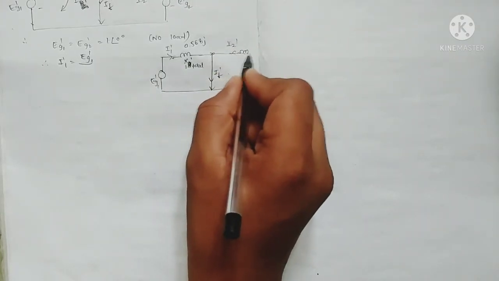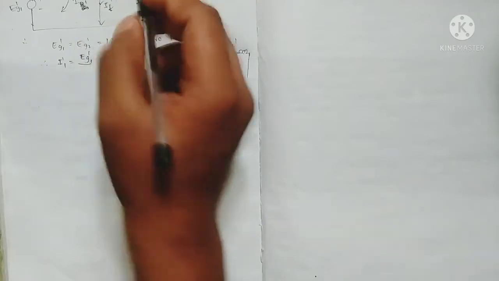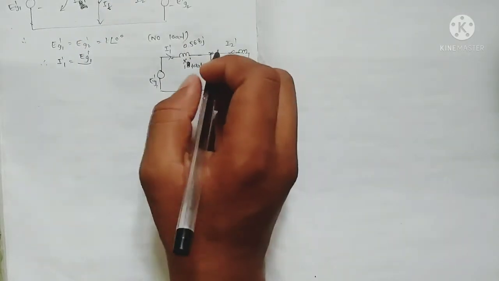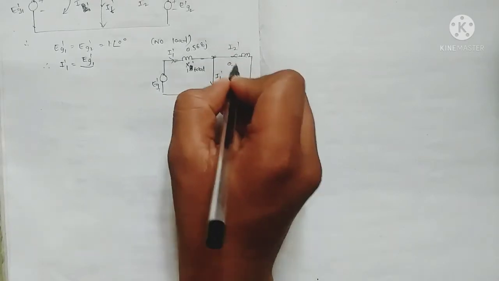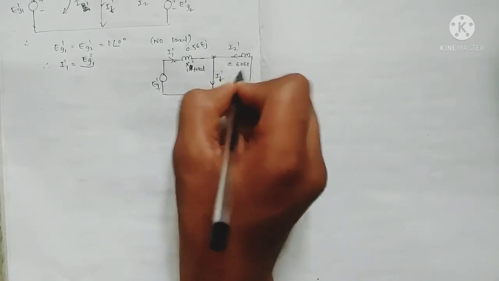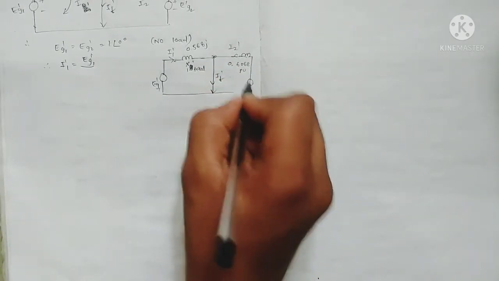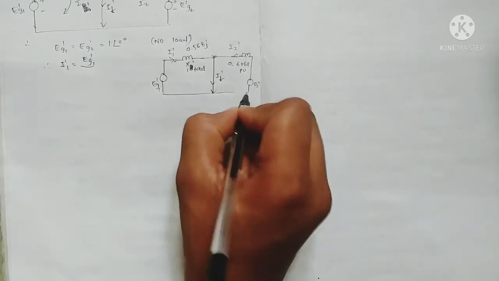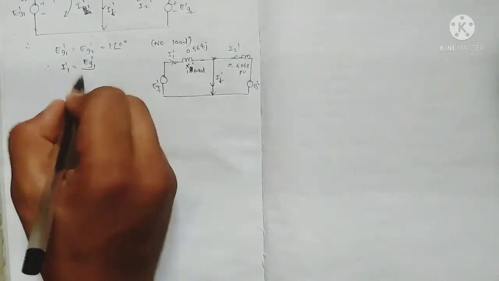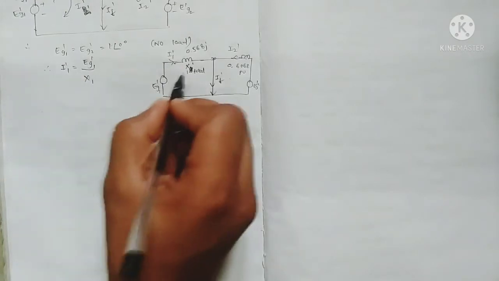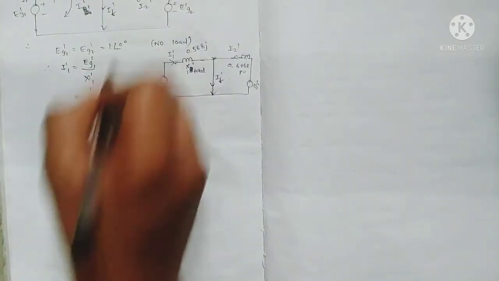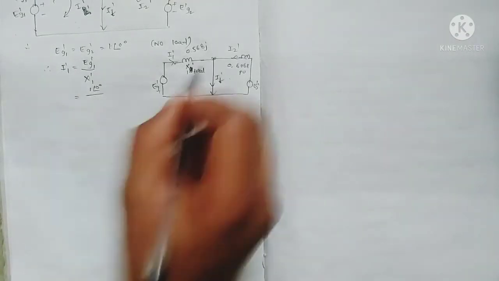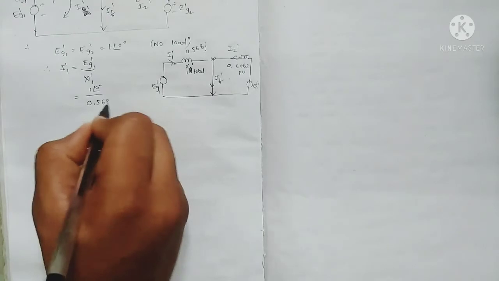The total impedance of this side, if we calculate, is 0.068 pu. This voltage Eg2 dash divided by X1 dash: Eg dash, already assumed as 1 angle 0 degrees, divided by the total reactance 0.568J.